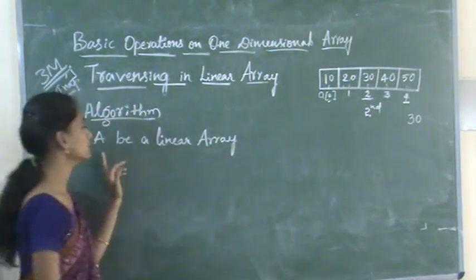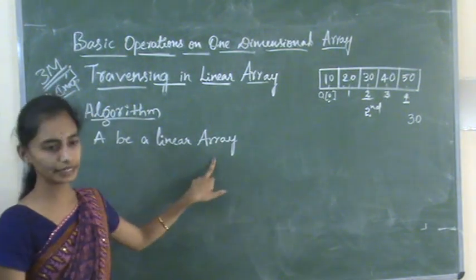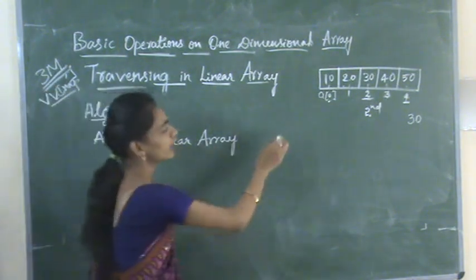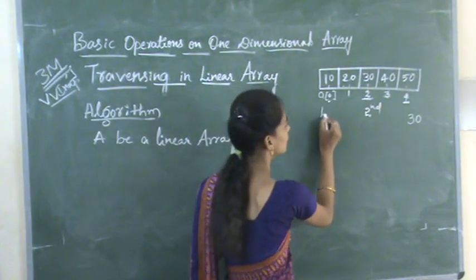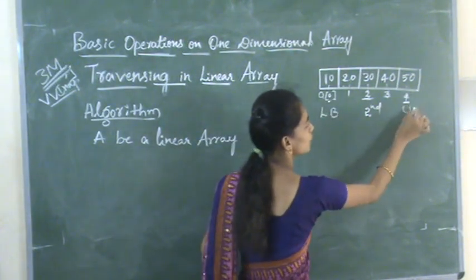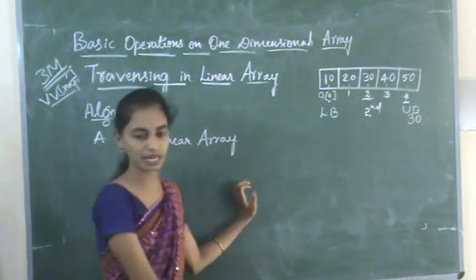Let us consider A as a linear array with, as we studied last class, lower bound and upper bound, LB and UB, right?